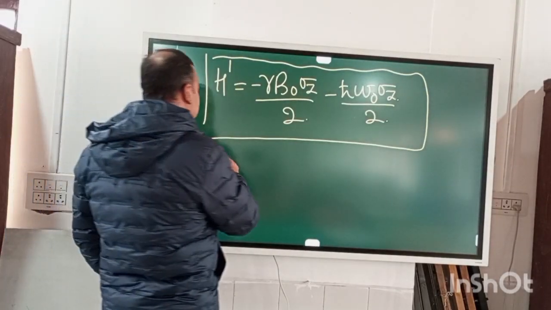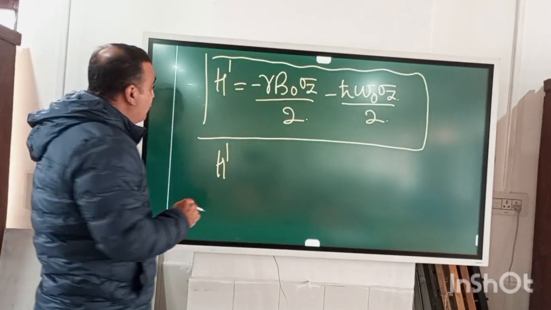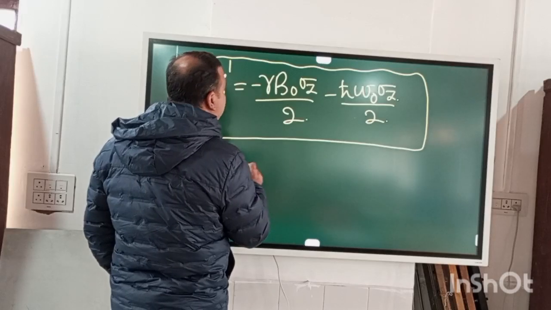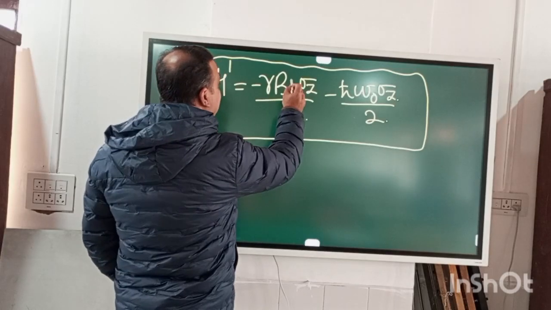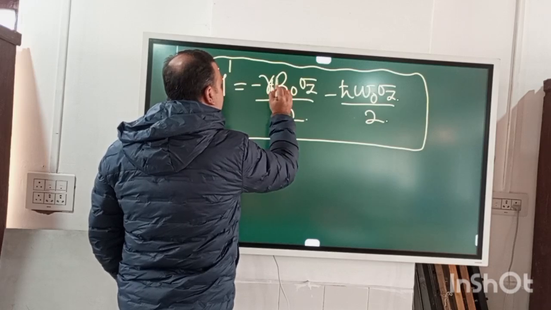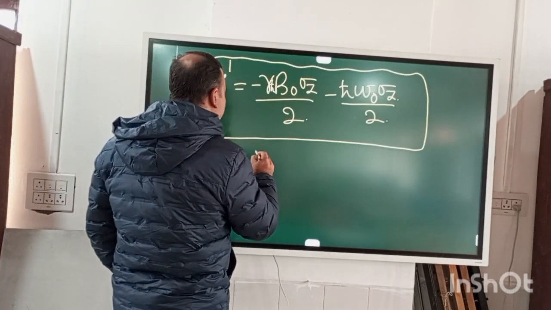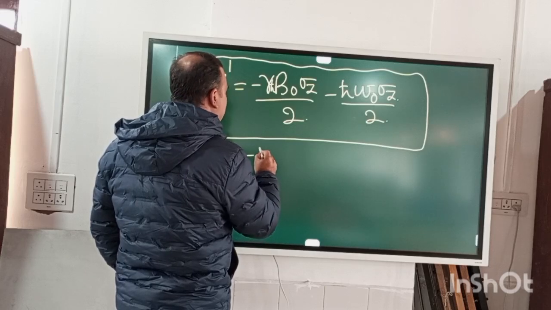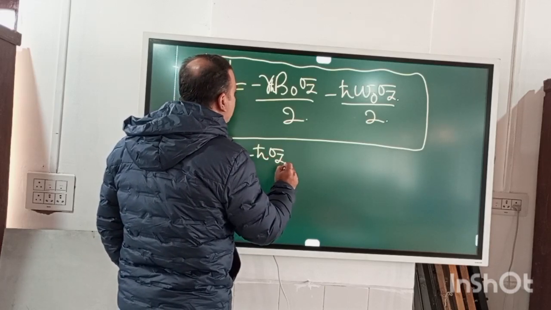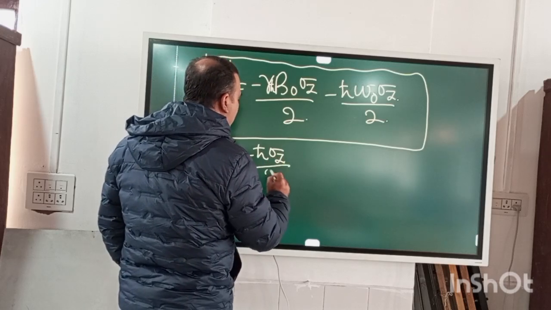And we can see this h dash is in the rotating frame of reference. I think here I'm missing h bar. Here I must have h bar. All right, so I can have this minus h bar out, sigma z out, and 2 is also out.